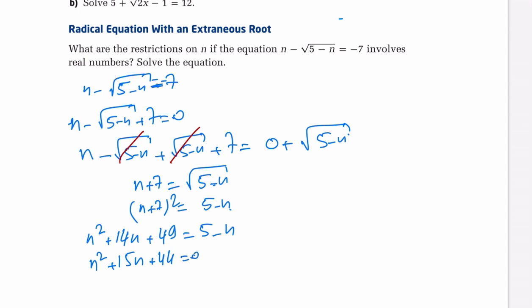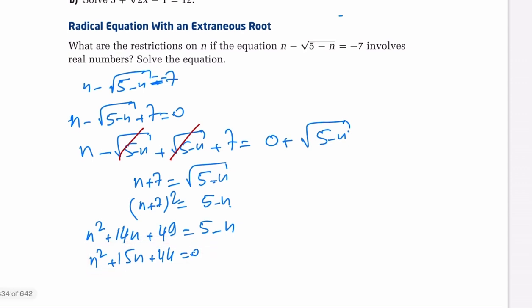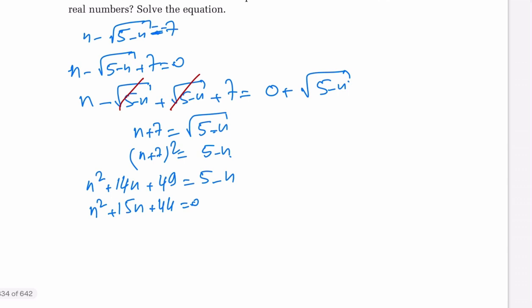Now we have a quadratic equation which we will solve by using our method that we saw in the previous video, which says that we need to find two numbers that if we multiply them we get plus 44, and if we add them we will get plus 15.